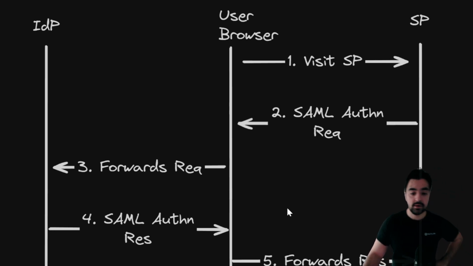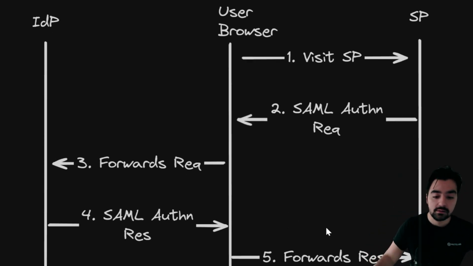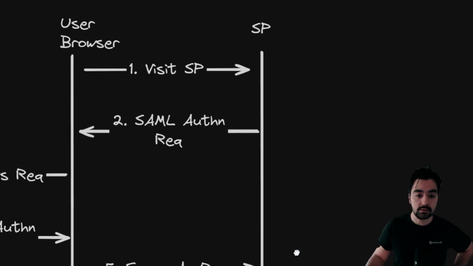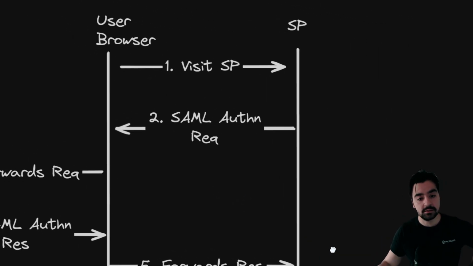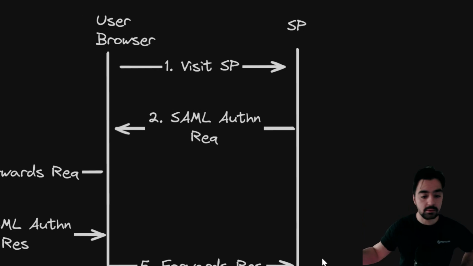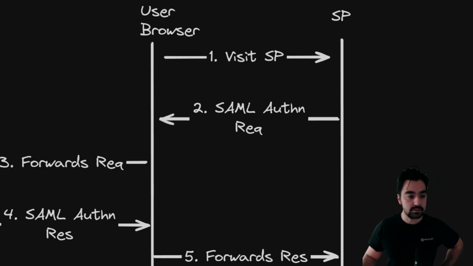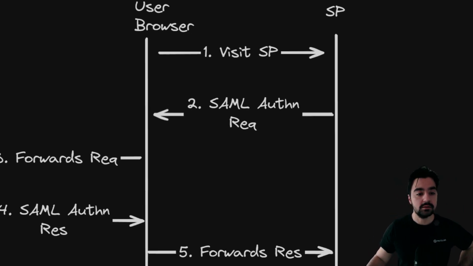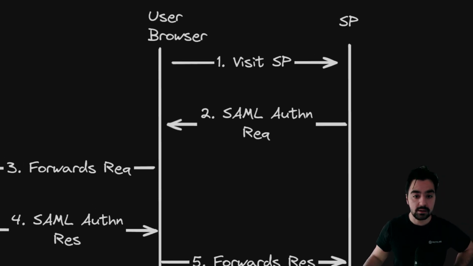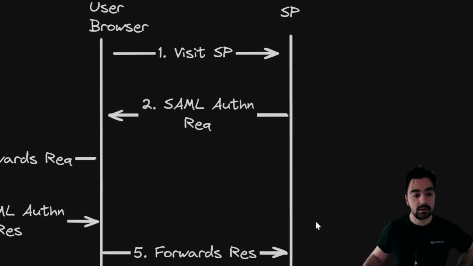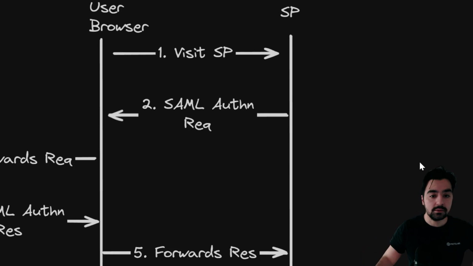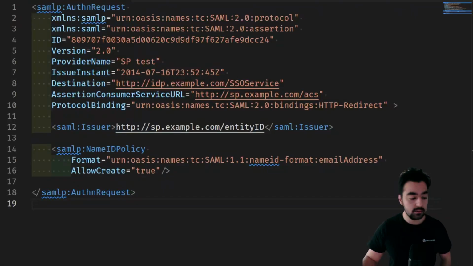The user browser then forwards this response to the service provider, and again the service provider will go through all of those validation steps to make sure the authentication response is valid. If everything was valid, it then authenticates the user and allows them to access the website.